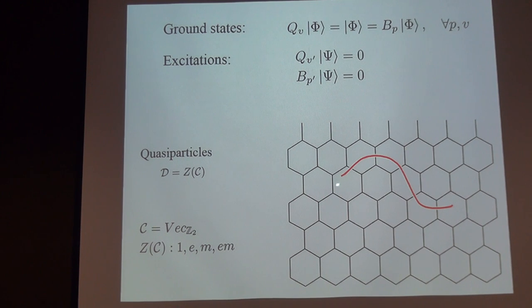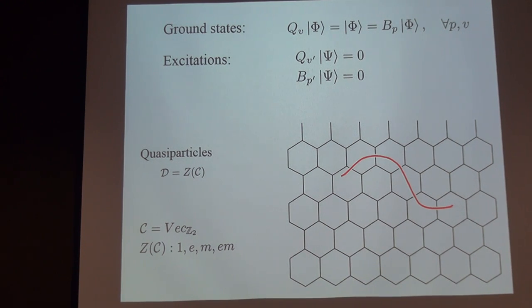But there is some topological property of these quasi-particles. That means if we create a pair of quasi-particles, and finally they arrive at these two places, then the final state is the same.